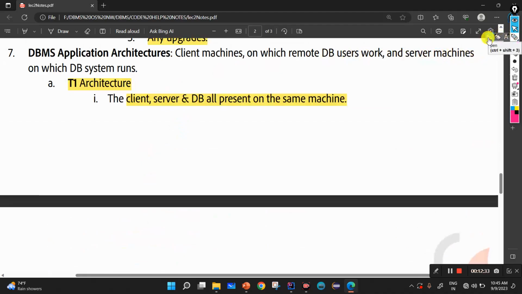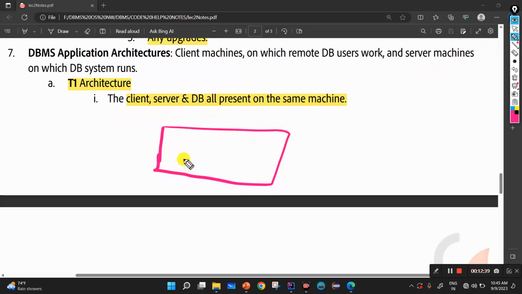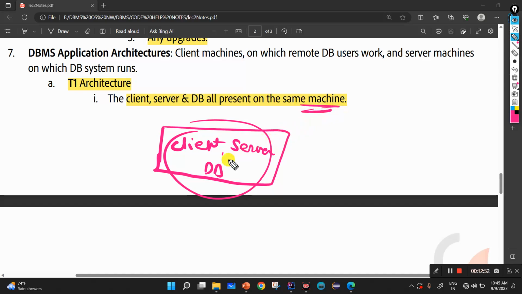Tier 1 architecture means, suppose this is our PC, or we can say our machine. The client means you, the server, and the DB are all present on the same machine. It is called T1 because there is only a single machine, and the client, server, and DB are all present there.